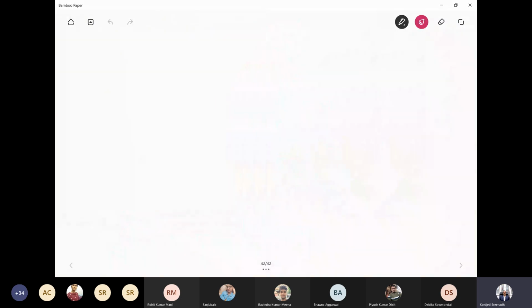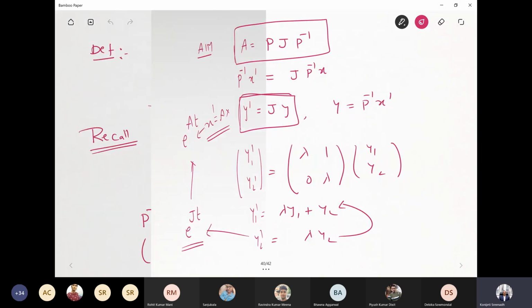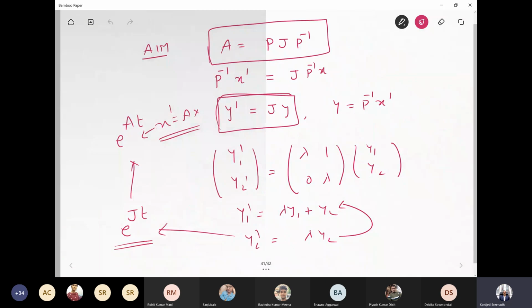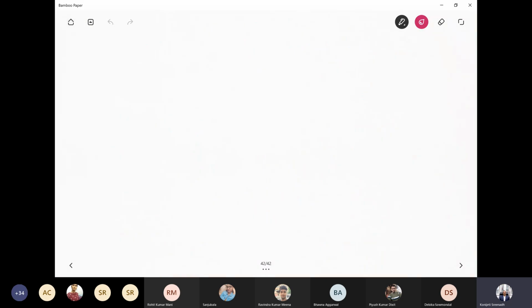So what is that helping us? What is our aim? That's what I recalled here: just said what is the Jordan block associated to an eigenvalue lambda. So let me continue. What we are showing is this theorem.